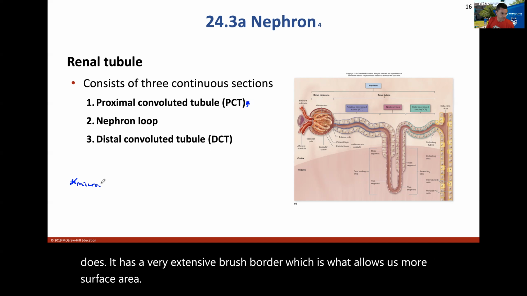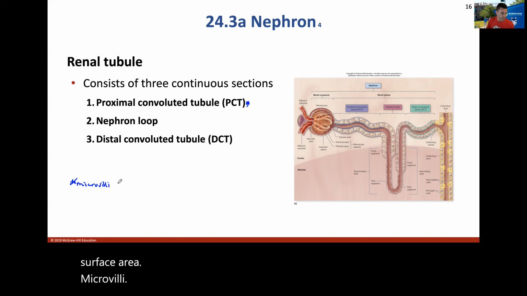Microvilli. Increases surface area for reabsorption.